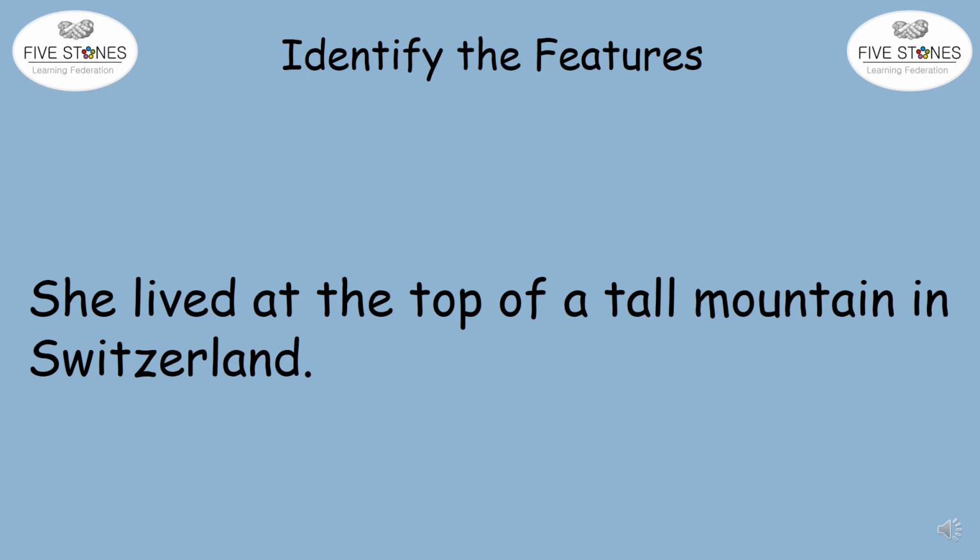Take a look at this sentence. She lived at the top of a tall mountain in Switzerland. We are going to find the capital letters, the finger spaces, and the full stop. How many capital letters can you see? There are two capital letters, but why are they there?